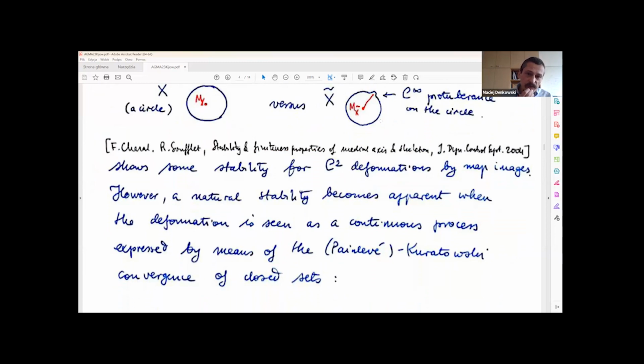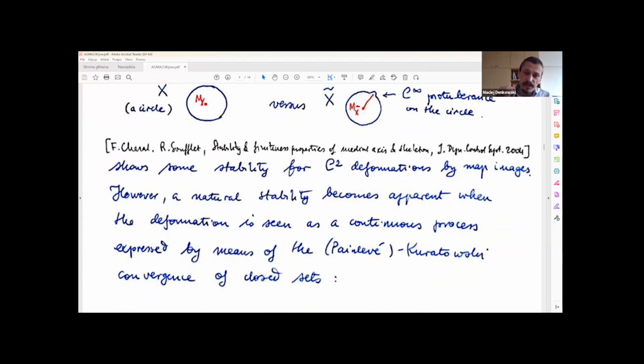But the main problem in this kind of approach that you have here on the picture, is that you have an initial state, and the final state, and nothing in between, and there's a black box, right? So it doesn't really reflect the usual notion of what a deformation is.